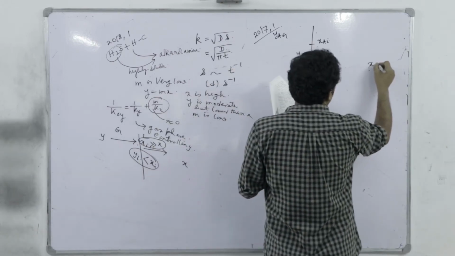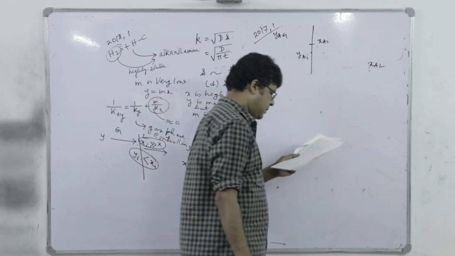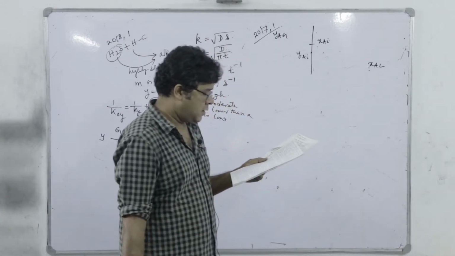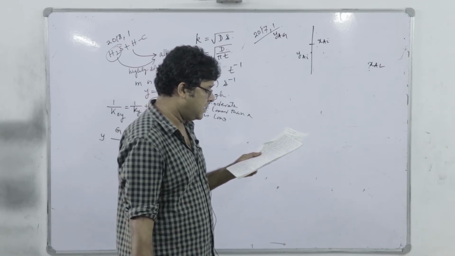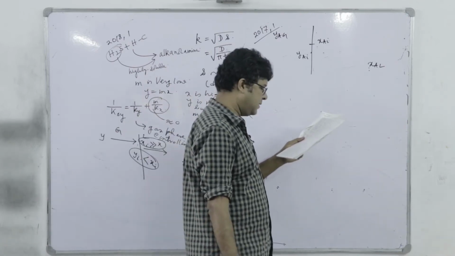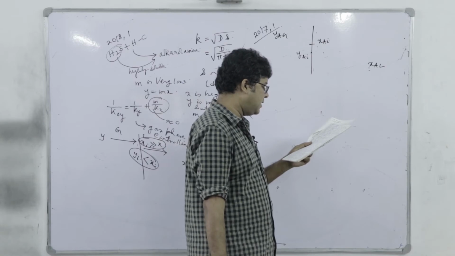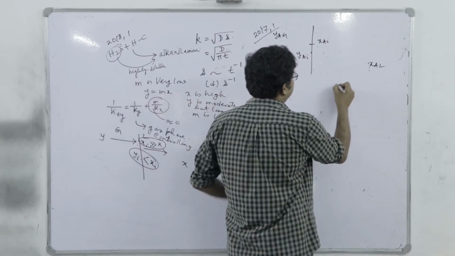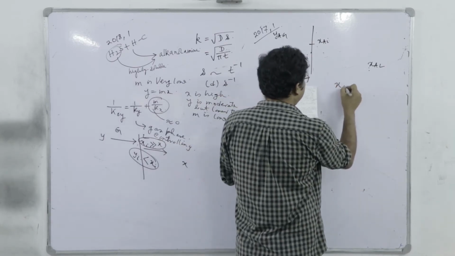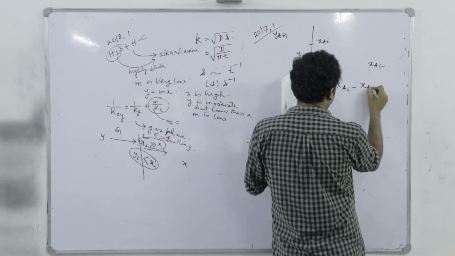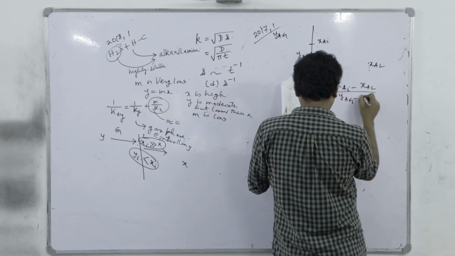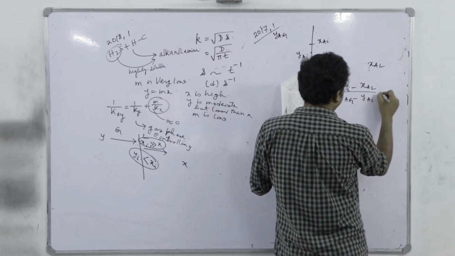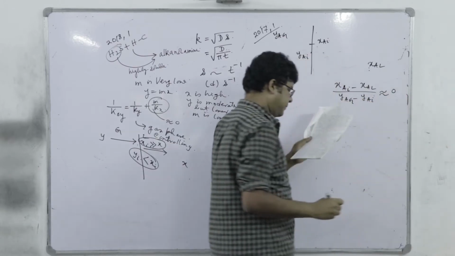And here it is XAL. Fine. The ratio XAI minus XAL divided by YAG minus YAI, what is stated, is very close to 0.